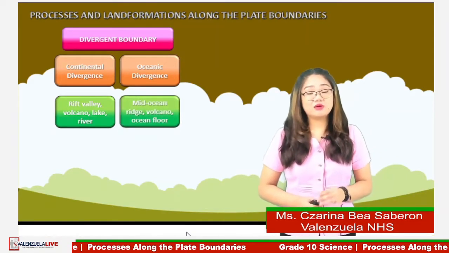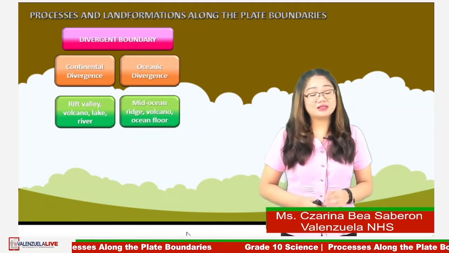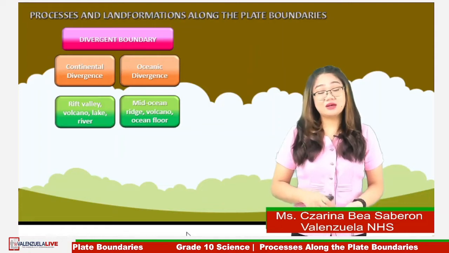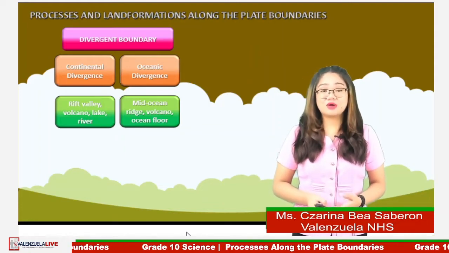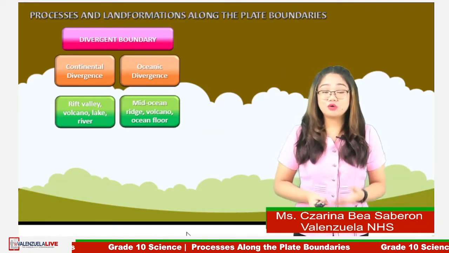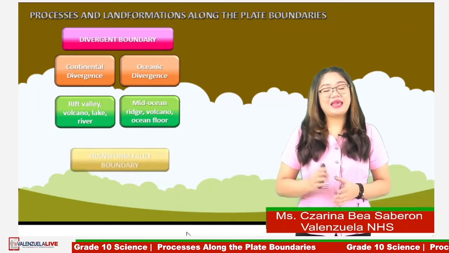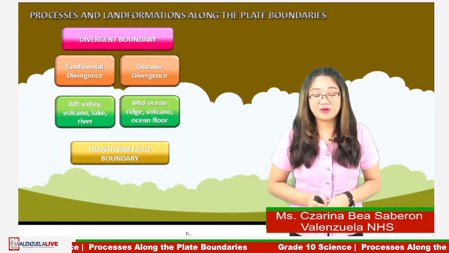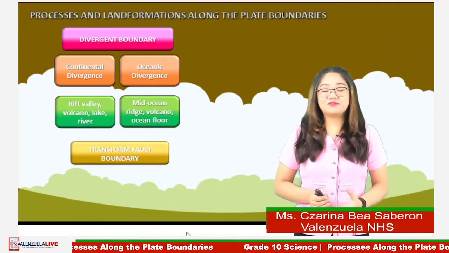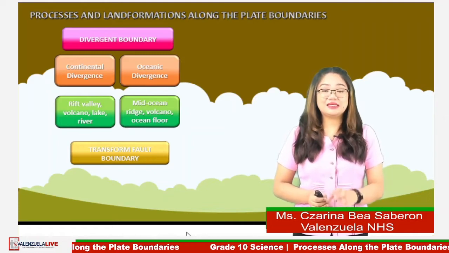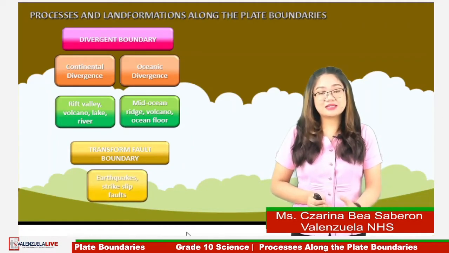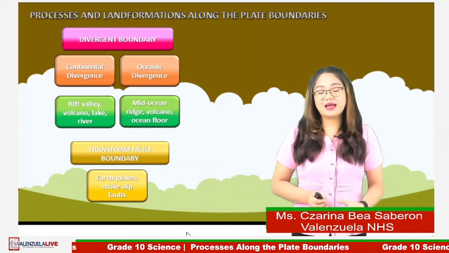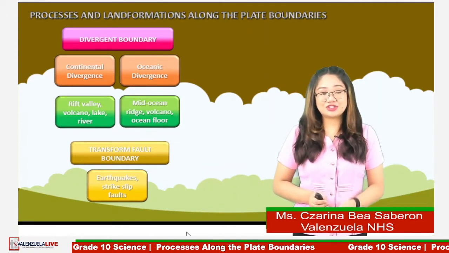And under oceanic divergence, it could lead to the formation of mid-ocean ridges, volcanoes, and also new oceanic floors. And lastly, we have the process under transform fault boundaries. Transform fault boundaries could lead to very massive and destructive earthquakes, as well as the formation of strike-slip faults.